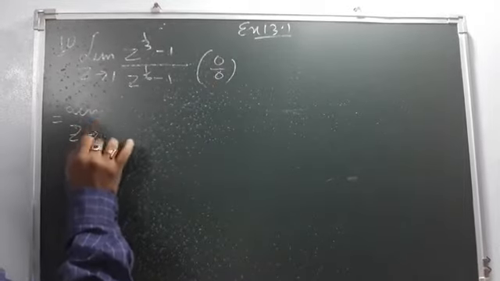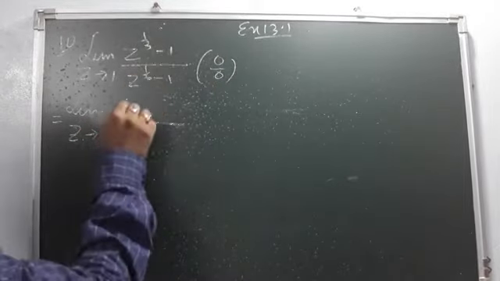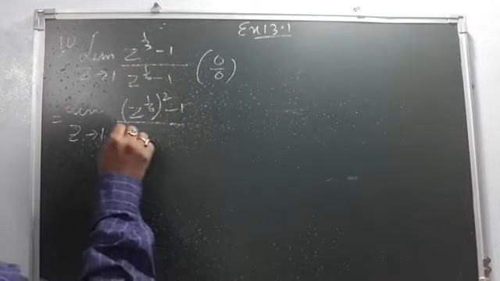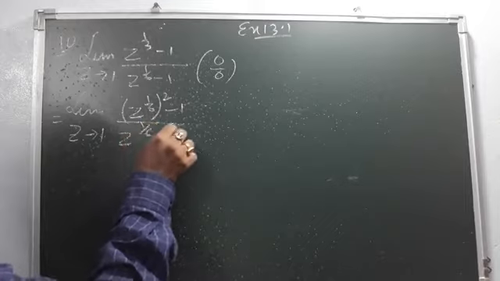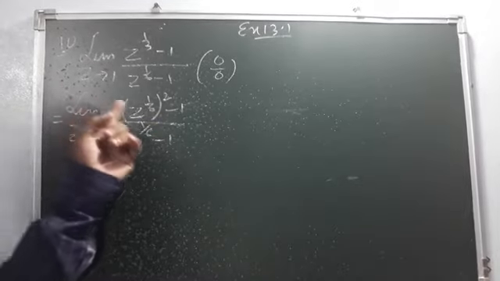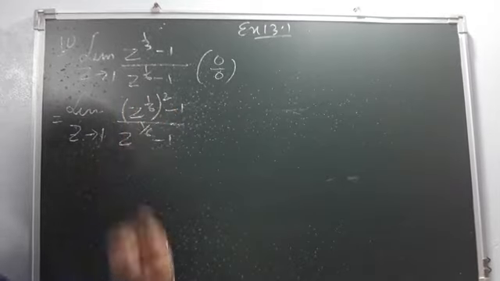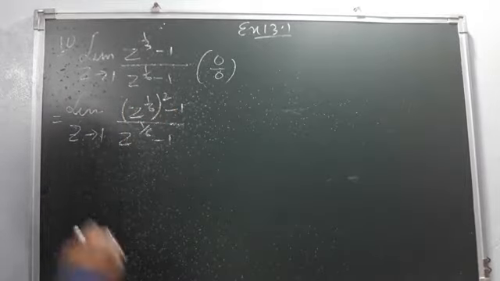So for that we will use a technique. I have replaced 1 by 3 by 1 by 6 whole thing to the power 2. So 2 and 6 will cancel and we can get the result.